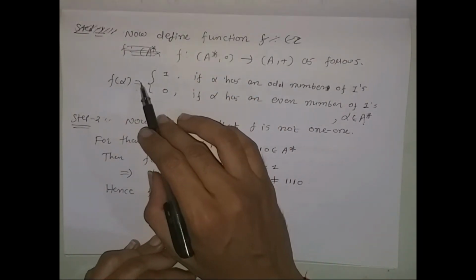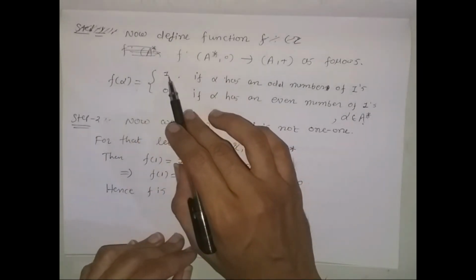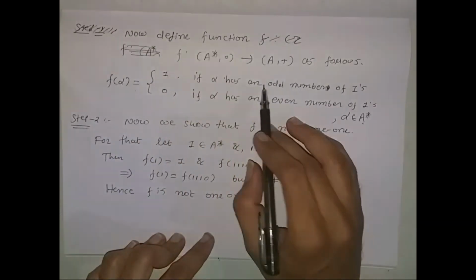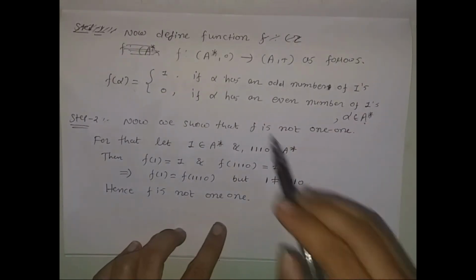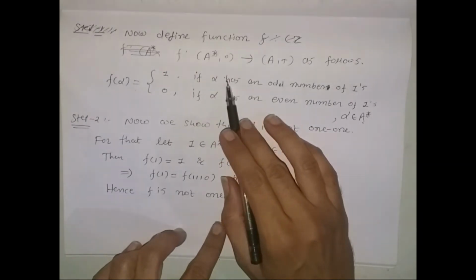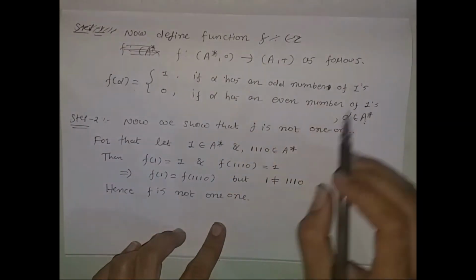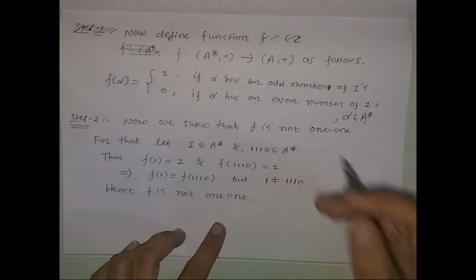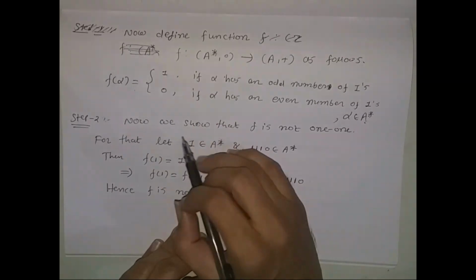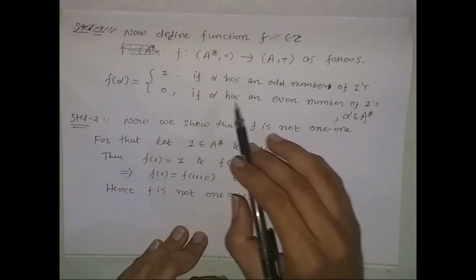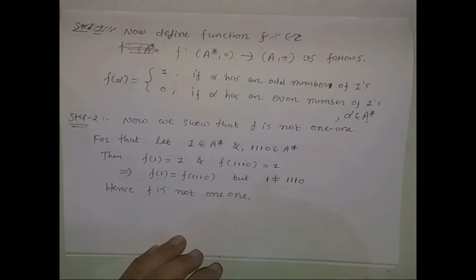F of alpha is equal to 1 if alpha has an odd number of ones, and f of alpha is equal to 0 if alpha has an even number of ones.